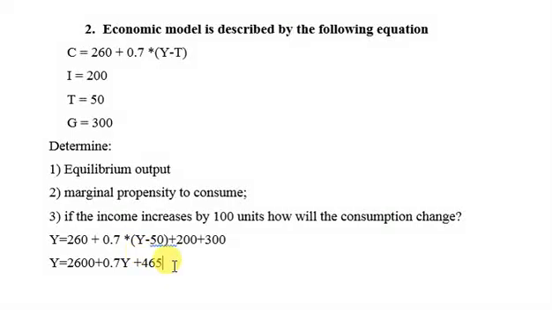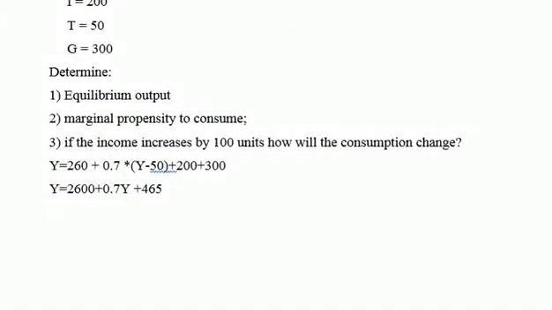Then we put everything with Y to one side, typically the left, and everything without Y to the other side, typically the right. Just remember that when we bring something from one side of the equation to the other, we need to change plus to minus, minus to plus, and so on.